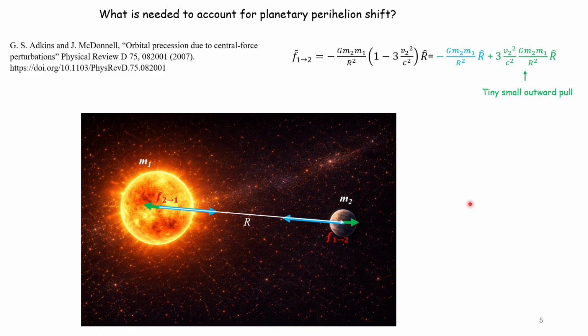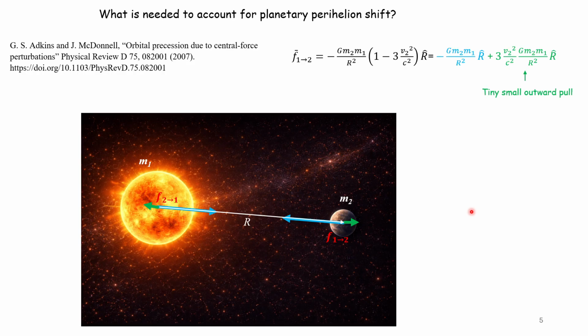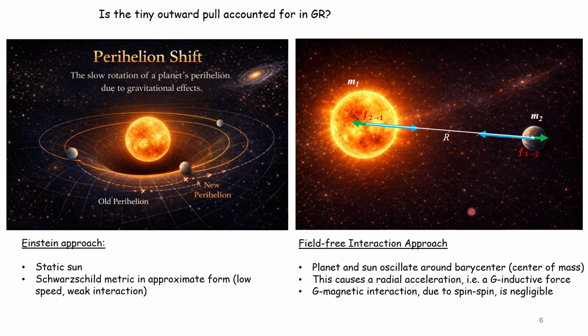In our analysis, the Sun cannot be static, as Einstein assumed. Einstein assumed a static Sun, a non-rotating Sun. Here is this description, the difference between the approaches. Einstein's approach is a static Sun.